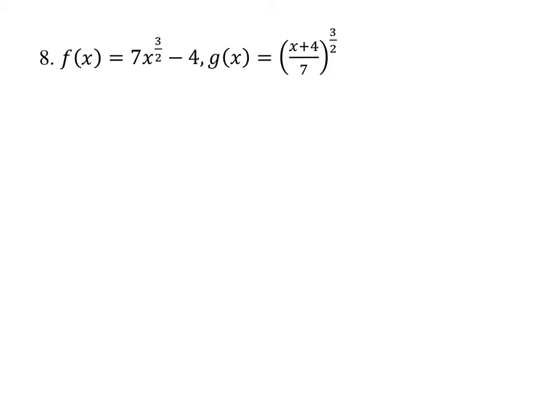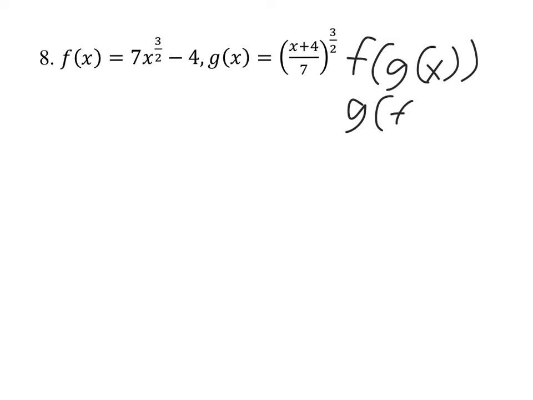Number 8 involves the functional notation form. The way we do this is we're basically going to write either f of g of x or g of f of x.